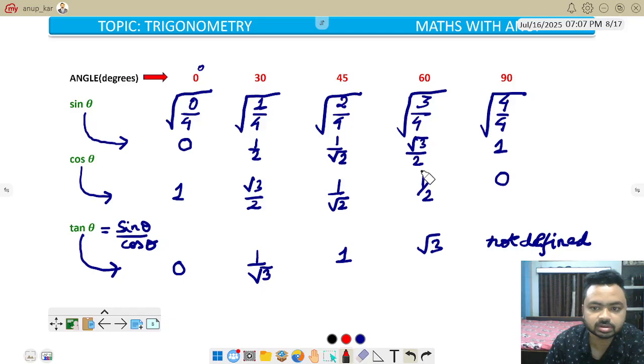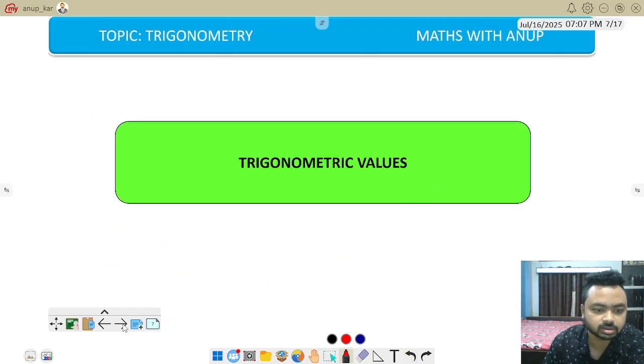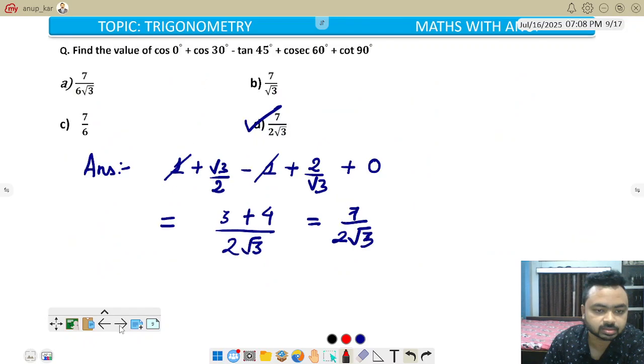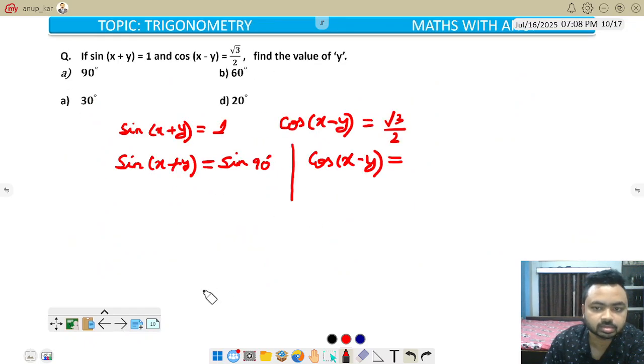Let me check. Oh, wait. Yeah, root 3 by 2 is cos at 30 degrees. At 30 degrees the value of cos is root 3 by 2. So it will be cos 30 degree.